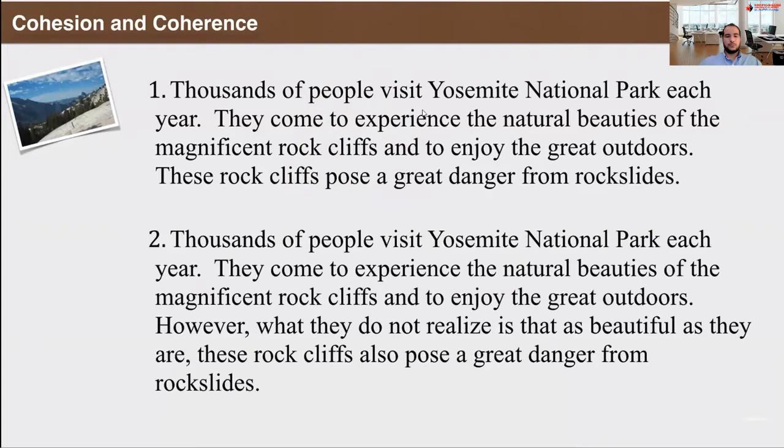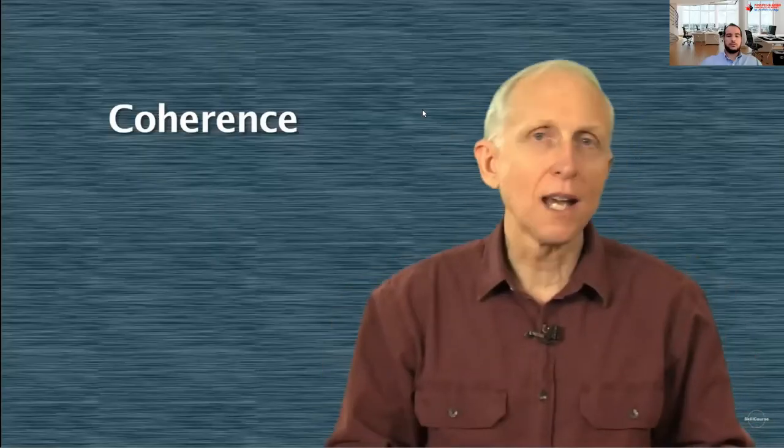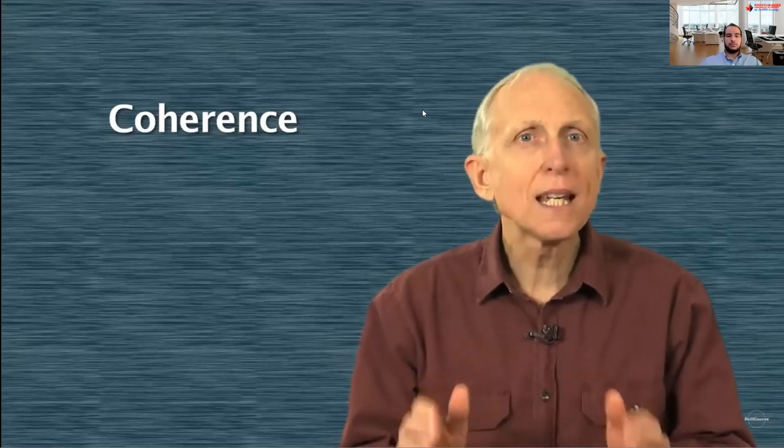They come to experience the natural beauties of the magnificent rock cliffs and to enjoy the great outdoors. However, what they do not realize is that as beautiful as they are, these rock cliffs also pose a great danger from rock slides. So which passage is easier to read, the first one or the second one? The second passage tends to flow smoother because the last sentence doesn't redirect our attention to the rock cliffs like the first one does. Let's move on to coherence now.